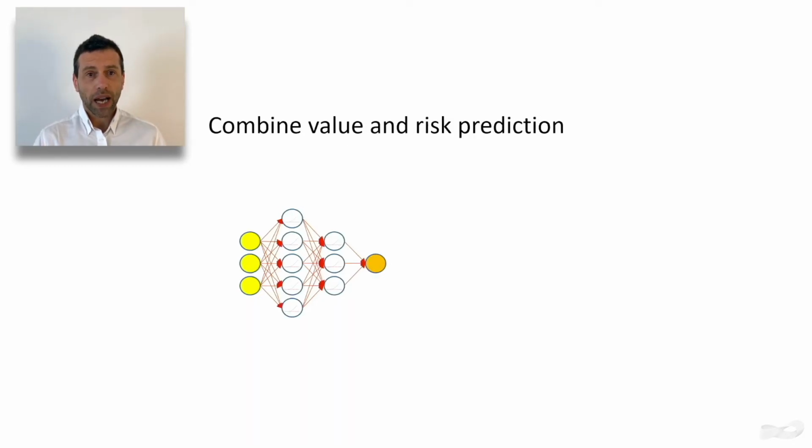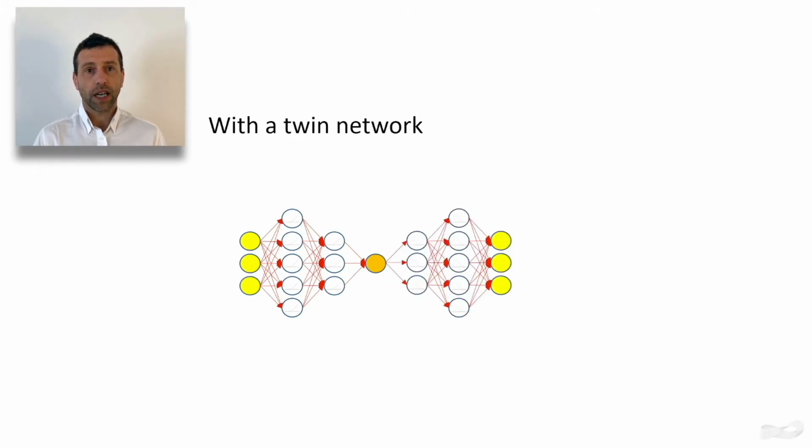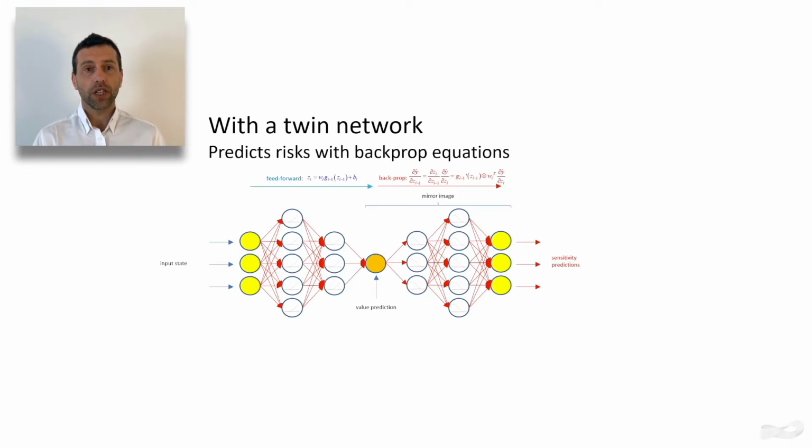We can combine value and risk predictions with a so-called twin network. Its first half is the original network, traversed with feed-forward induction to predict a value. The second half is traversed with the backprop equations to predict risk sensitivities. It is the mirror image of the original network with shared connection weights.